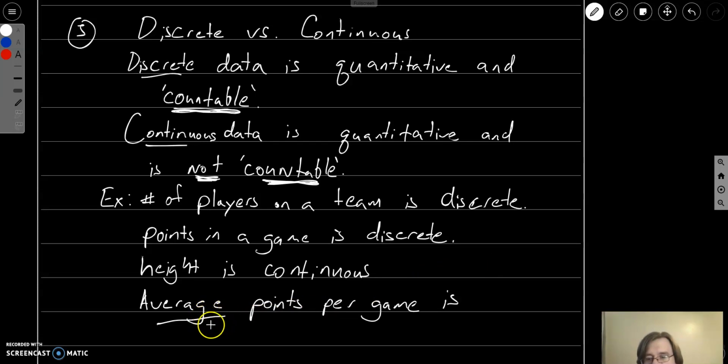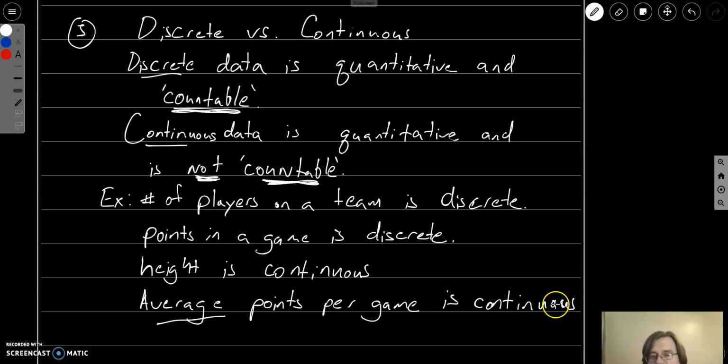And this last one is maybe the trickiest one. When we take an average, this number can exist on a continuum as well. So this is also going to be continuous. Even though the points you score in a game is clearly discrete, the average number of points you score is going to exist on a continuum.